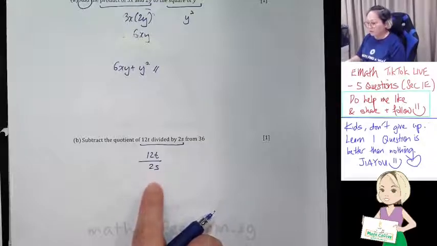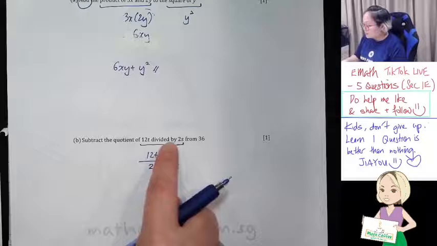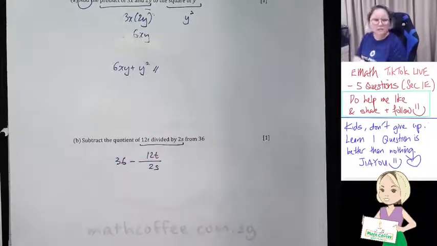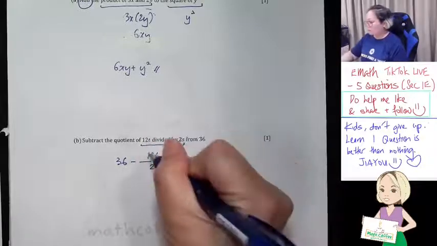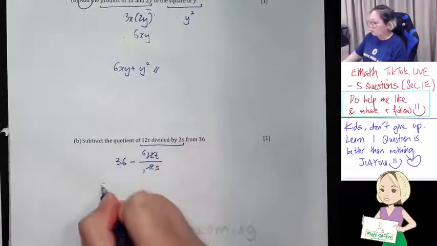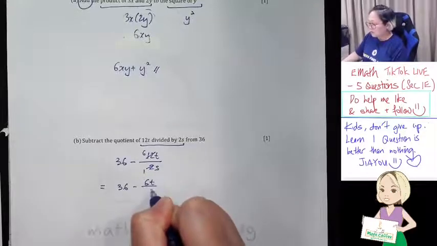They said subtract this from 36. From 36 means 36 minus this. And take note, there's one step that you need to notice, that you need to simplify. Do you see the 12 and the 2 can simplify? Divide by 2, I get 6. Divide by 2, I get 1. So the final one should be 36 minus 6t over s. Done.